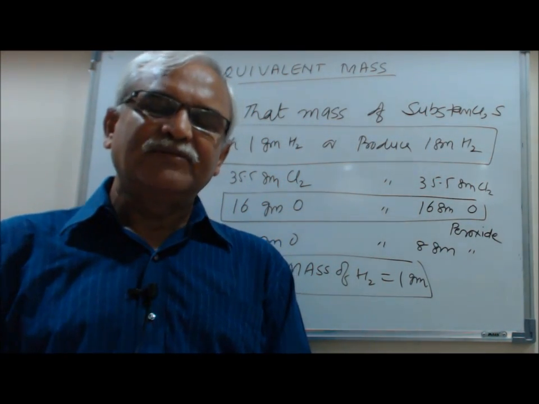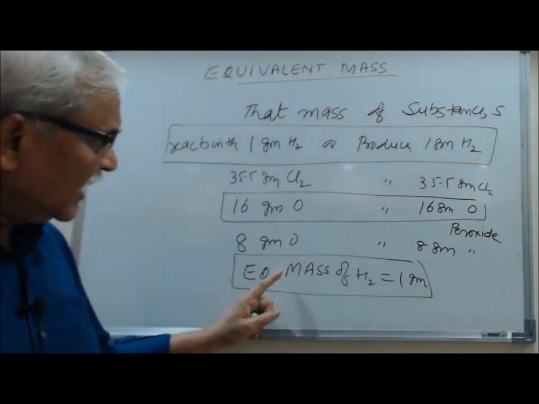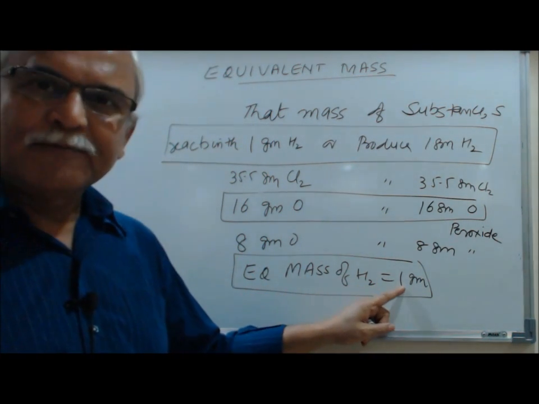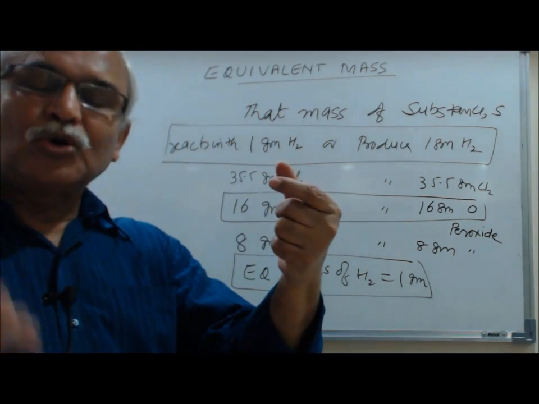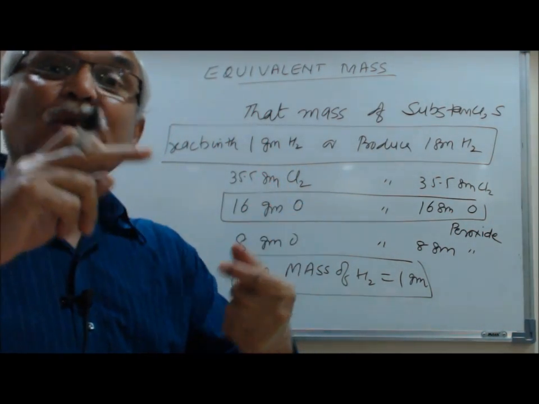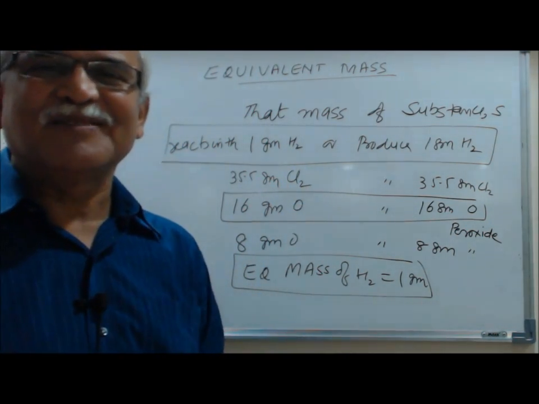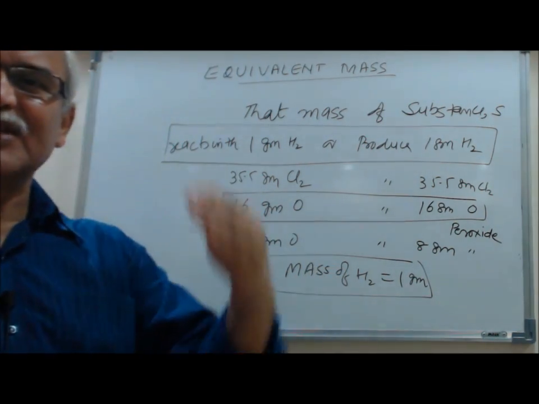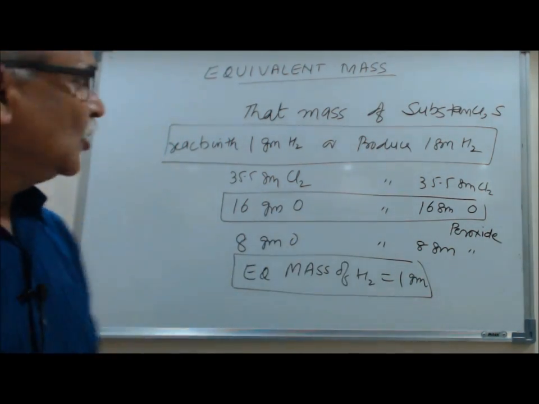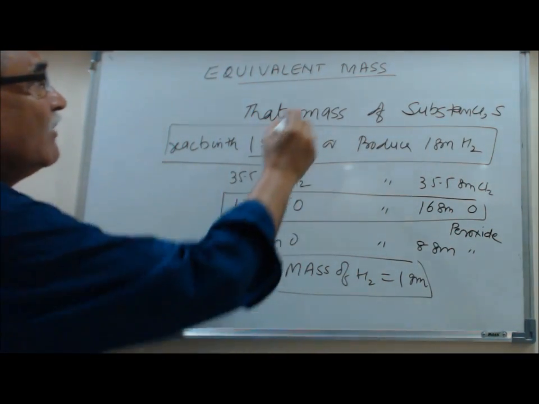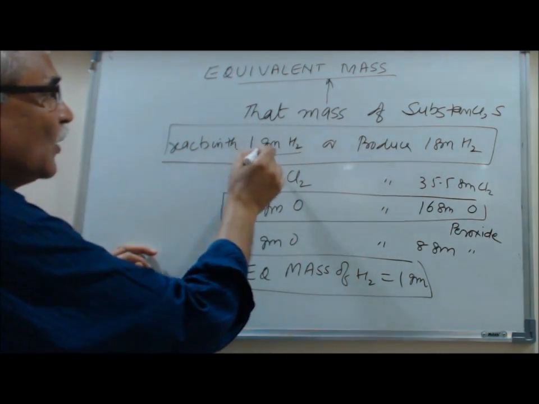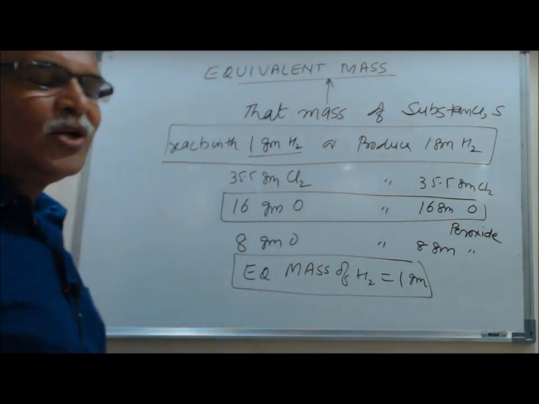What is the meaning of everything else will follow? Because the equivalent mass of hydrogen is 1, 1 gram hydrogen will react with any amount of X, and that amount will become the equivalent mass of the other substance. We saw some time back, 1 equivalent always reacts with 1 equivalent. So why will the mass of substance which reacts with 1 gram hydrogen be the equivalent mass?